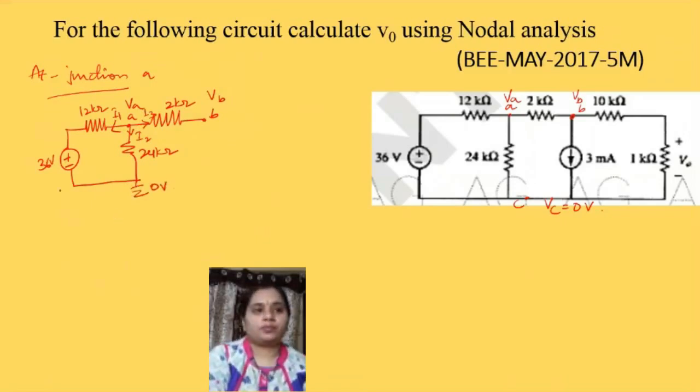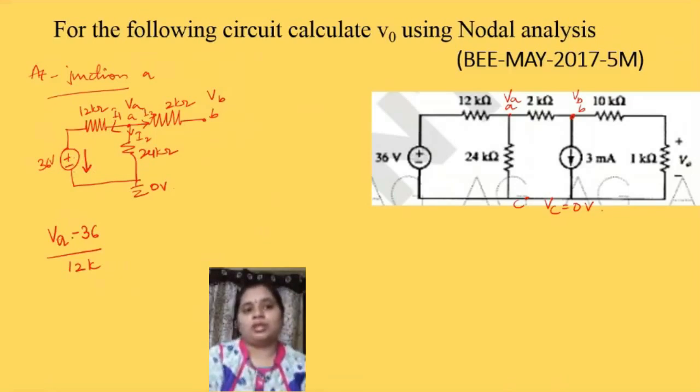We can write these equations as VA minus 36 divided by 12K. Why minus 36? Because the current is opposite to the polarity of the voltage source. The current is flowing downward, whereas the polarity of the voltage source is upper terminal positive and lower terminal negative.